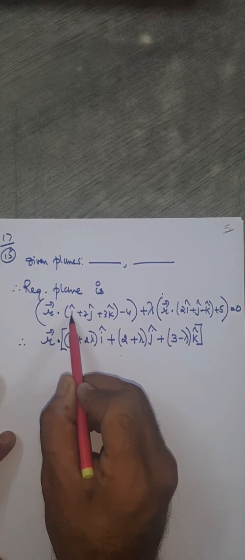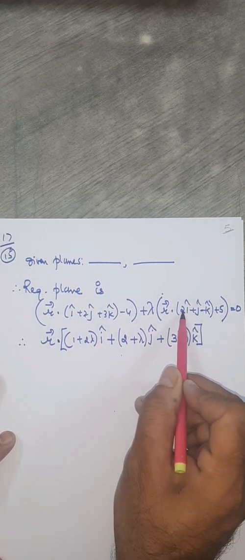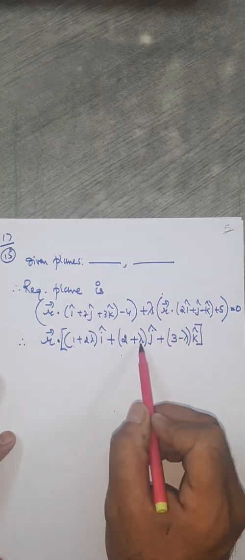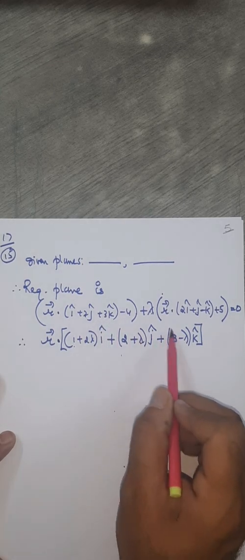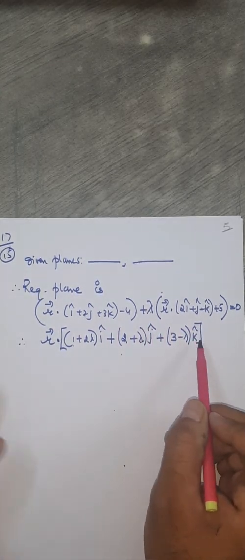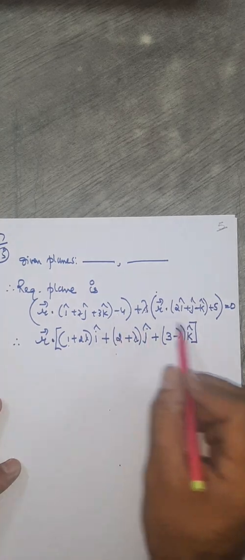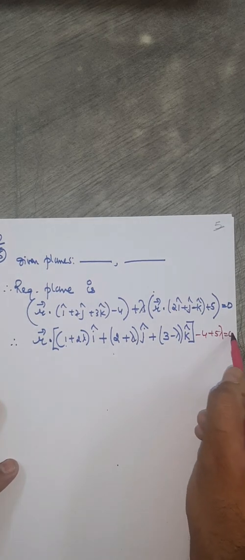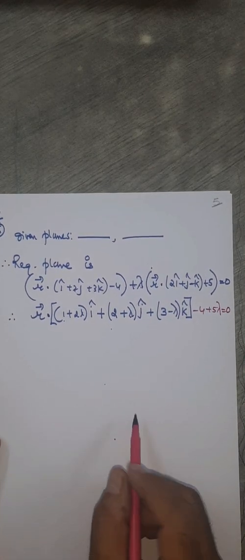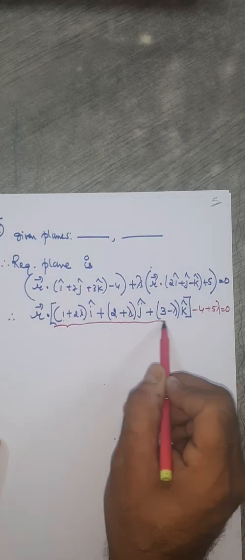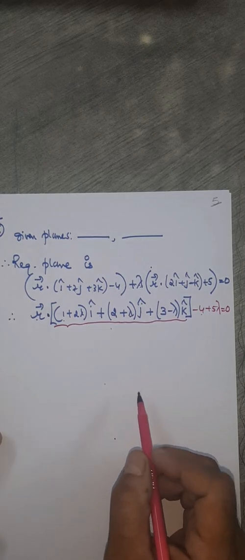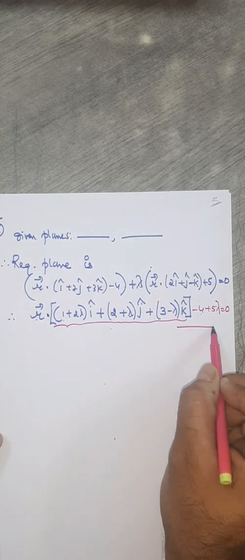I hope this is clear to you, because we did the same thing in question number 15 also. You take i common, this lambda will go inside, so 2 lambda plus 1. 2, this lambda will go inside, so plus lambda j cap. 3, minus sign is there, so minus lambda. Now the constant, here you have minus 4 and this is plus 5 lambda equals to 0. That is a constant. So this represents a normal, remember, r dot normal plus constant equals to 0. Now you can call this equation number 1 here.